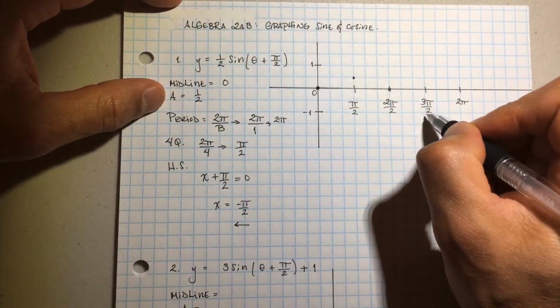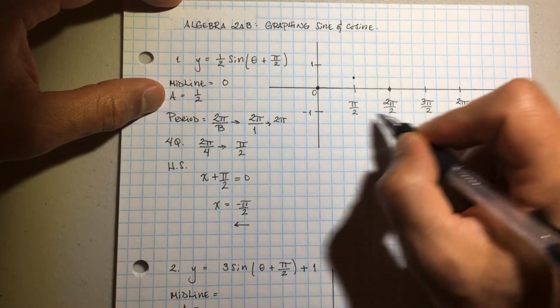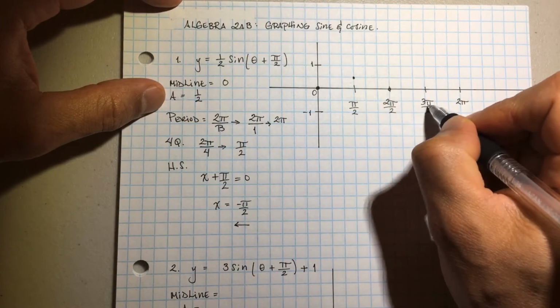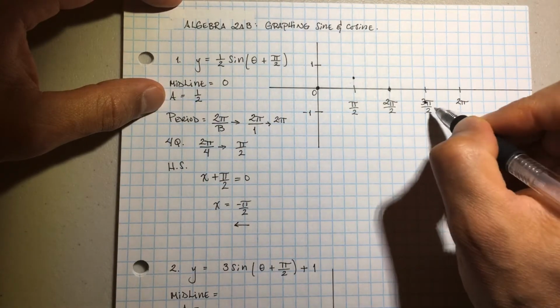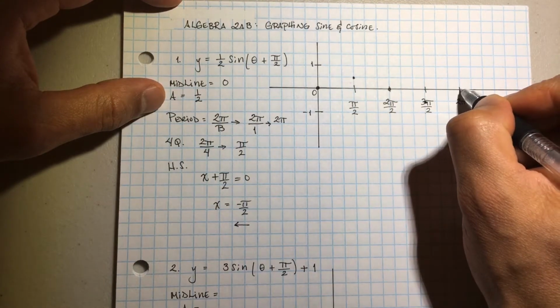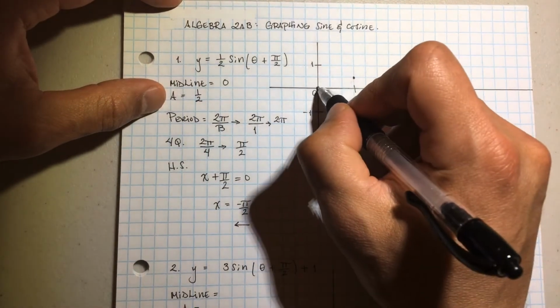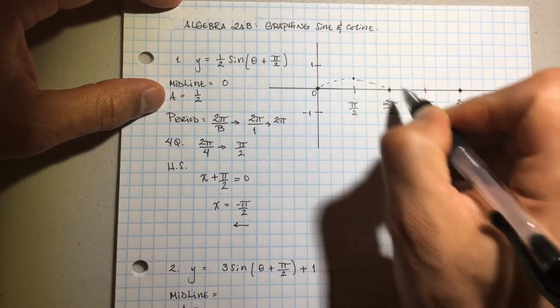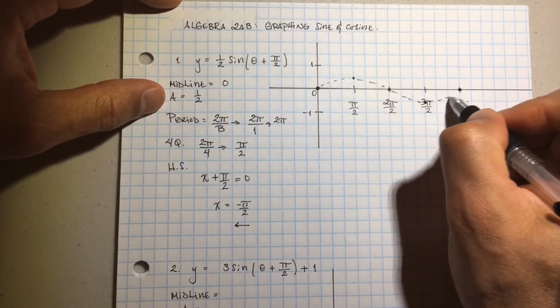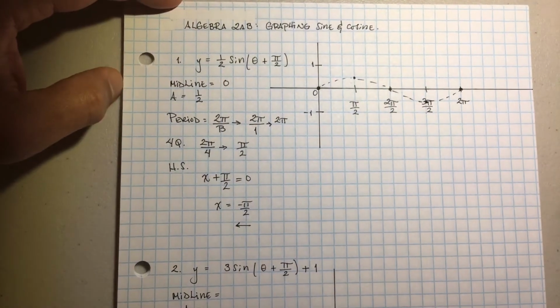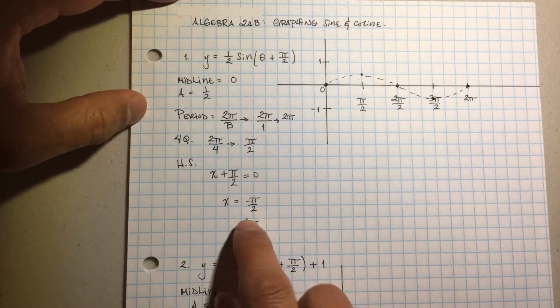So from here, we count half. We're just saying that from here to here is 1, so half would be here. And then we go back to the midline. So you have this nice little curve here. Just like this, and there it is. The last thing we have to do is move this guy pi over 2 units to the left.